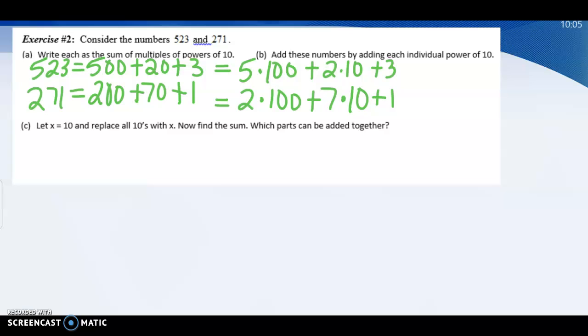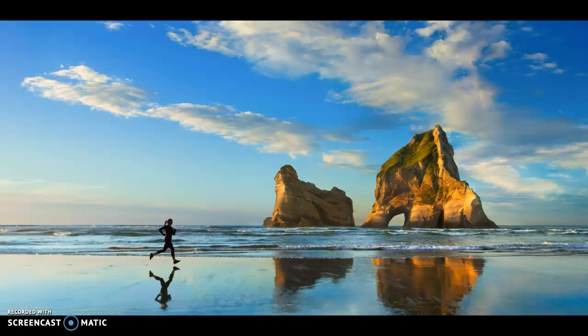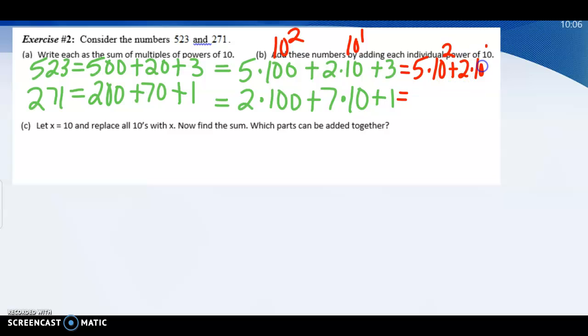I'll let you get all that down. Plus 2 times 10 to the first plus 3. And then 2 times 10 to the second plus 7 times 10 to the first plus 1. All right?